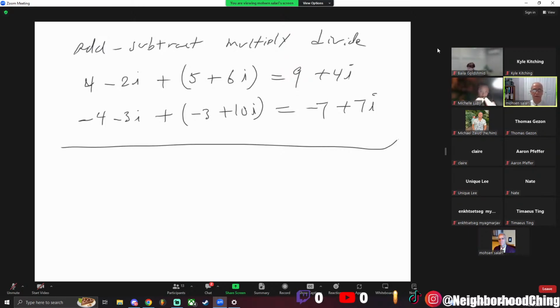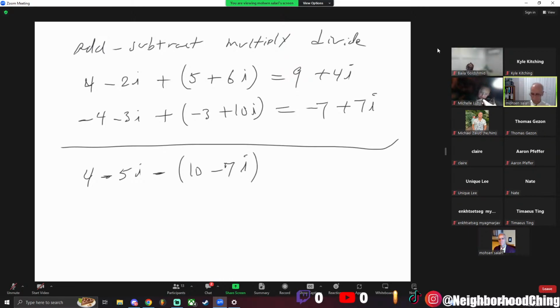Nothing hard about subtraction. So let's say you have 4 minus 5i, and then you subtract 10 minus 7i. I don't want to have a repeated number, so let's make this 7i.